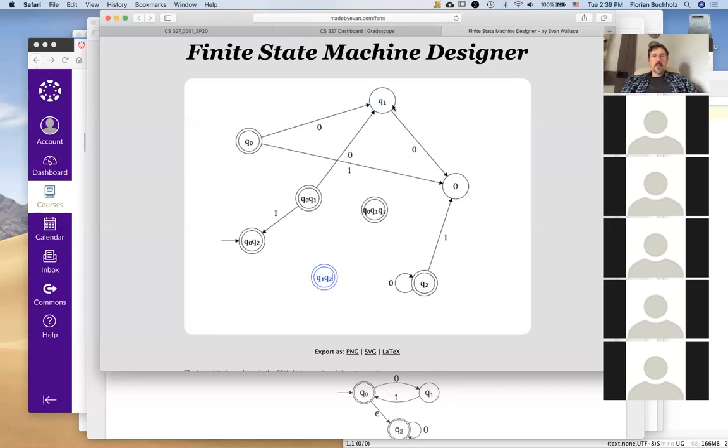We'll clean this up a little better. And on a 1, we would go to Q0, but we need to take the epsilon closure of Q0 as the resulting state. So again, we would be going here on 0.